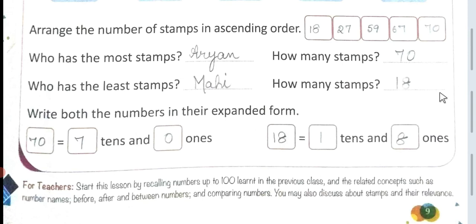And here, 18, you will write 18 is equal to 1 ten and 8 ones. So I hope this one is clear for you. I have done it for you in the book. So let's move on to another page.